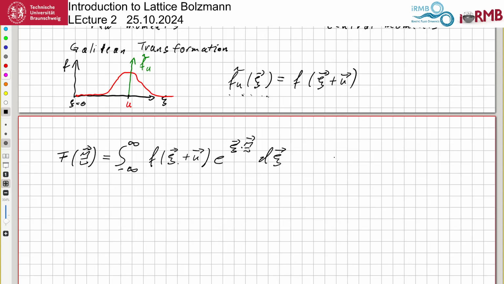So we can just replace this here with f of xi, and we shift the entire thing by u, and nothing has changed because the integral, if it goes from minus infinity plus or minus u until infinity plus u, would be in both directions the same. So this would not change here.